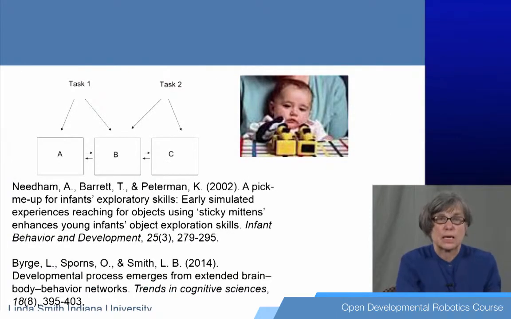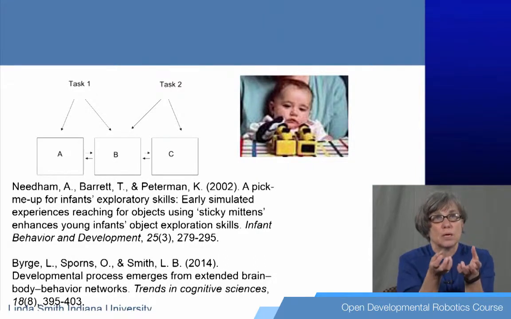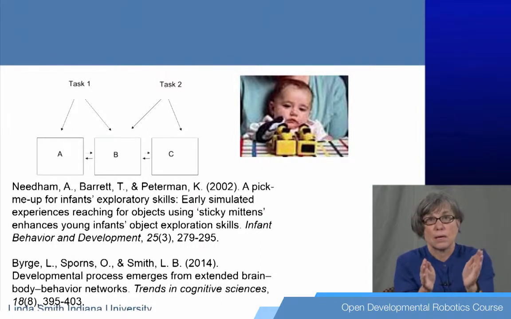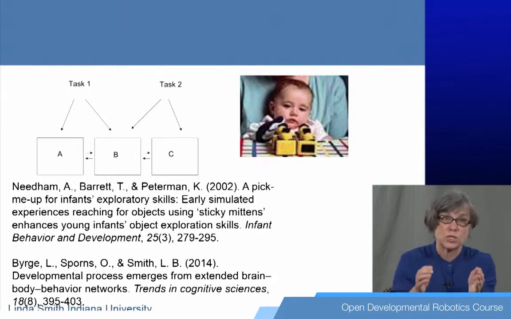One of the best examples of this is a study by Amy Needham and her colleagues. They put Velcro mittens on babies and Velcro on objects. They did this for very young infants, 3 months old, too young to actually effectively reach and grab an object. But they gave these babies experiences ahead of their time in coordinating eyes and hands and getting objects and moving them about themselves in space.